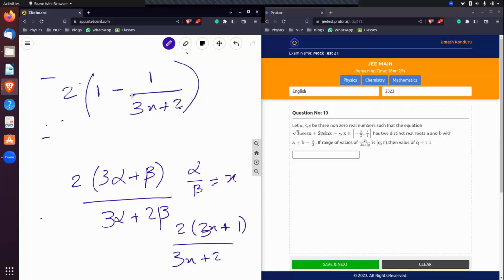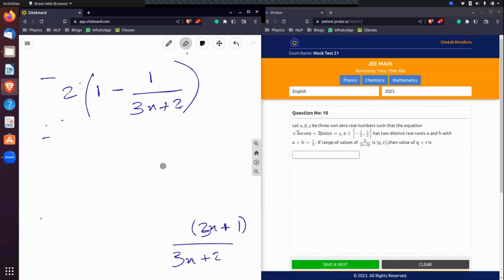The range of this is going to be from... what happens? Okay, so obviously when x equals minus 2 by 3, this will blow up to infinity. Means this, no, there seems to be something wrong with the question. Let's just calculate the value of gamma.